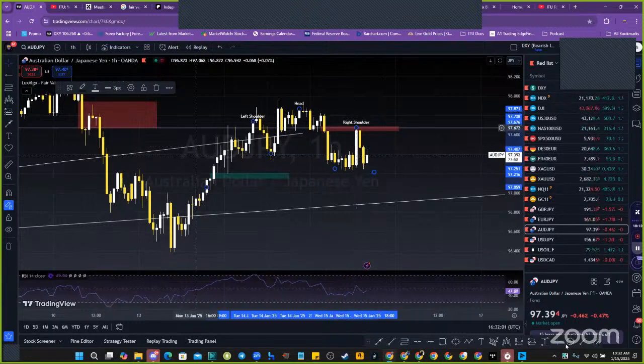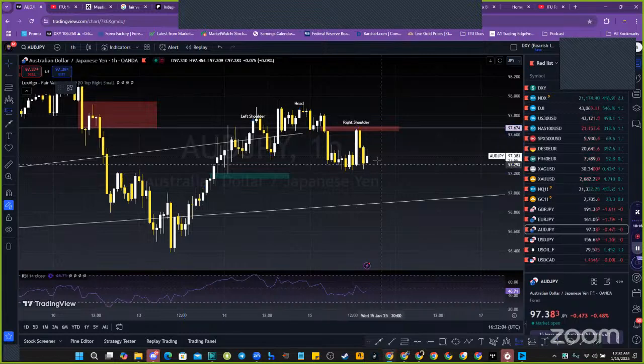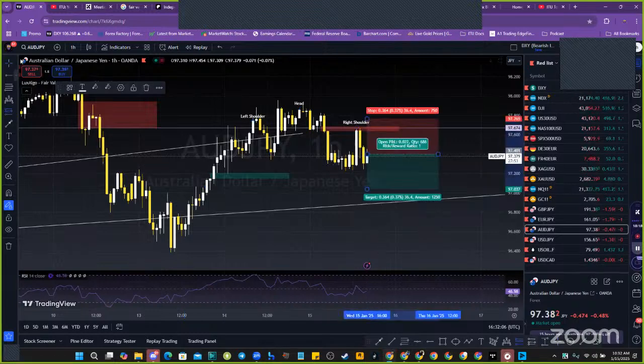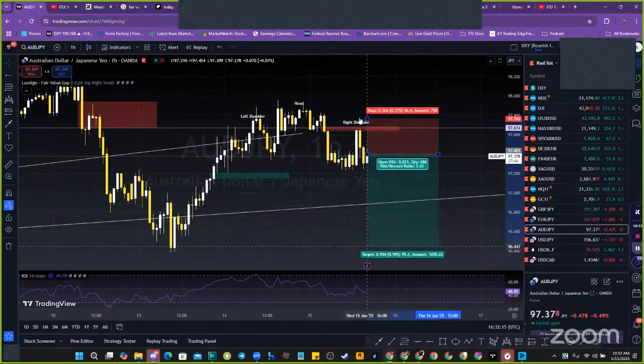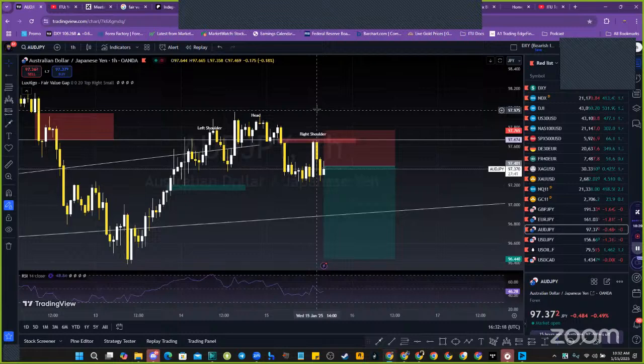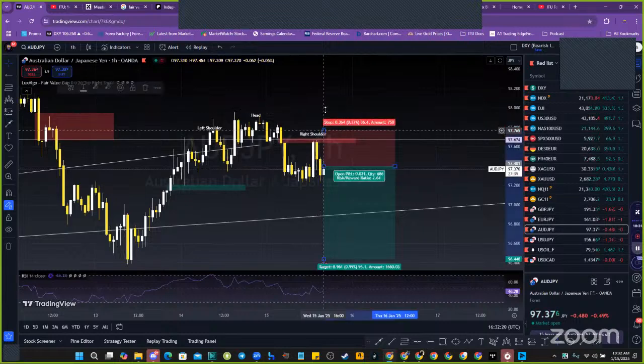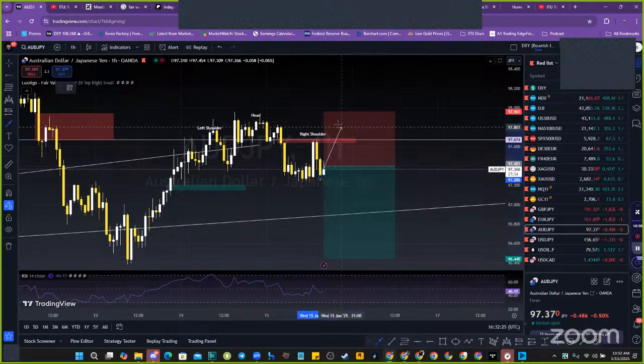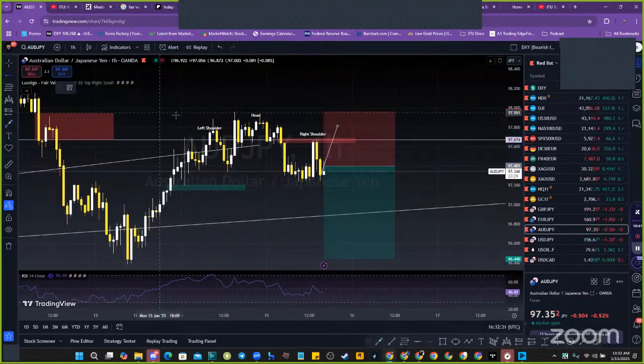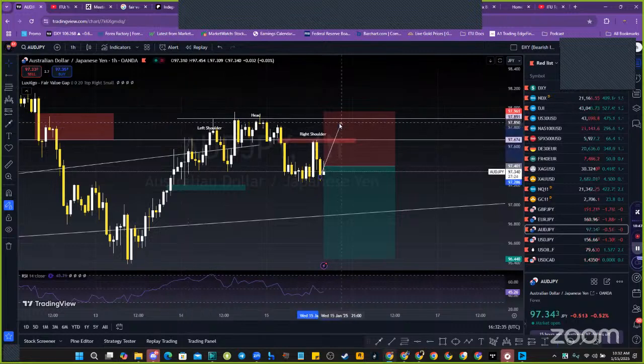So if I was going to trade this right now, I would look for a short from this location. Now, I more so like to use my stop loss around the right shoulder and then take that sell down. But technically you want to have the head covered as well, because there have been times I've experienced it myself where price comes in and really meets the left like that and then drops.